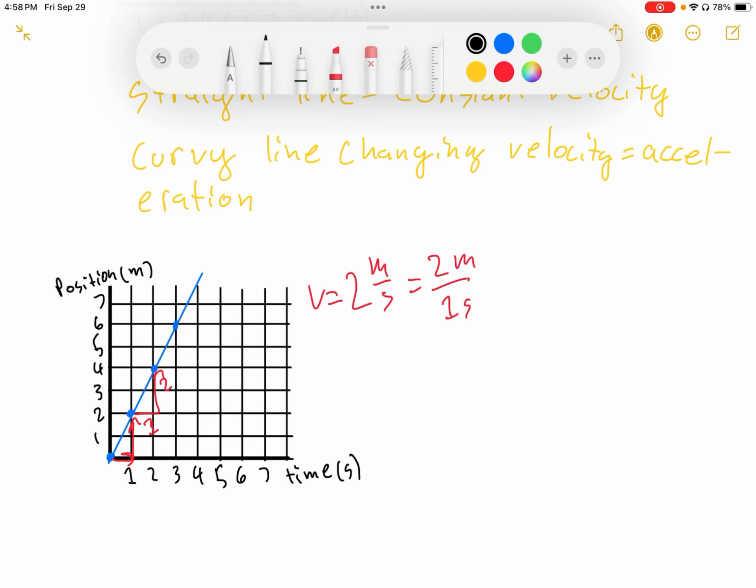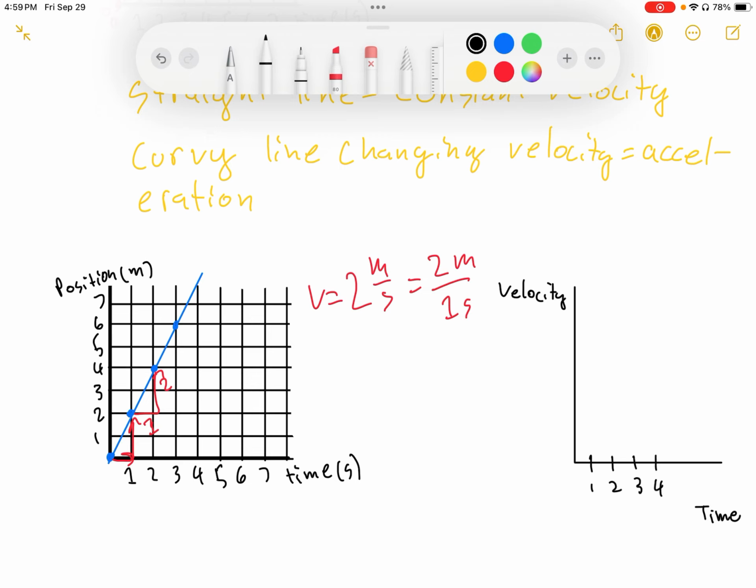Velocity, right? My velocity graph, so I'm traveling for 4 seconds. So 1 second, and this is time: 1, 2, 3, 4 seconds.